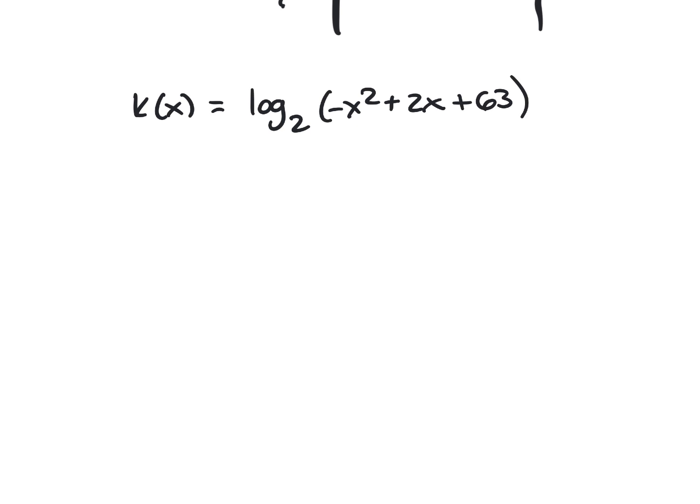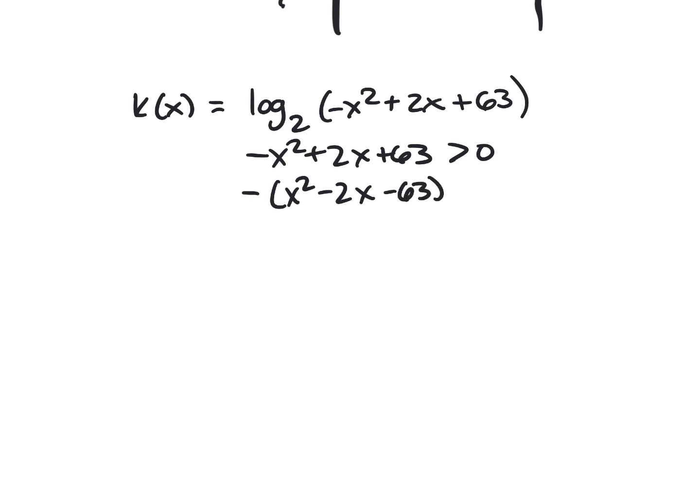All right, here we go. Domain first. So we need the inside to be greater than 0. Let's see if we can factor. I never factor with a negative quadratic, so I'm going to take the negative coefficient of the quadratic term out and see if I can factor. Yes, I can. 9 and 7.